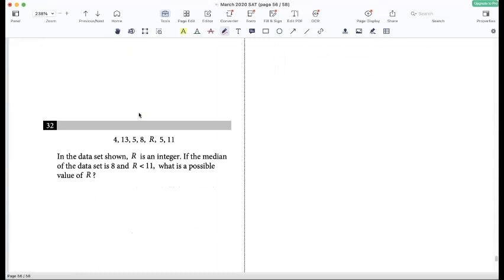In the data set shown, R is an integer. If the median of the data set is 8 and R is less than 11, what is the possible value of R? Okay, so for median, let me first put them in order. 4, 5, 5, 8, 11, and 13. And R is what I have to decide.